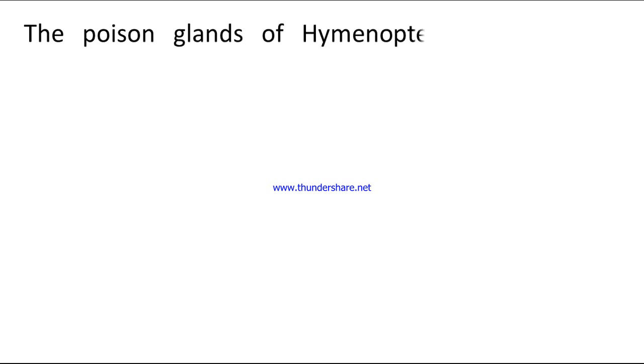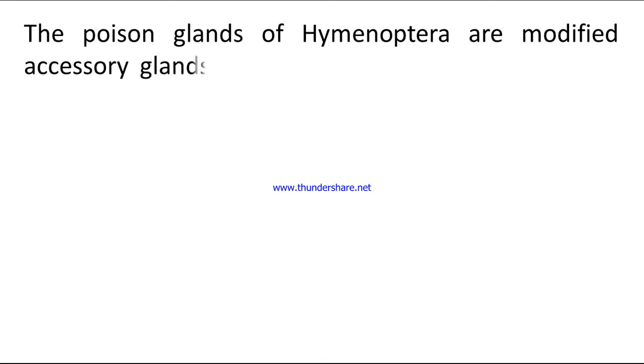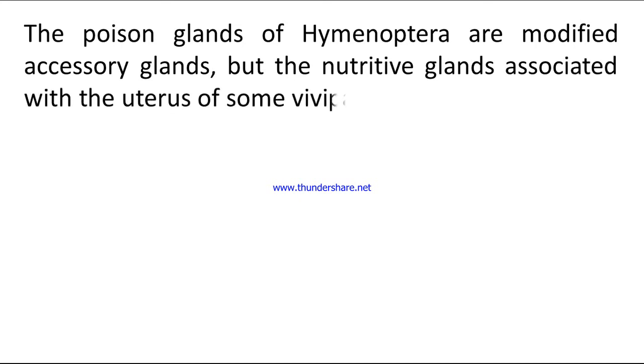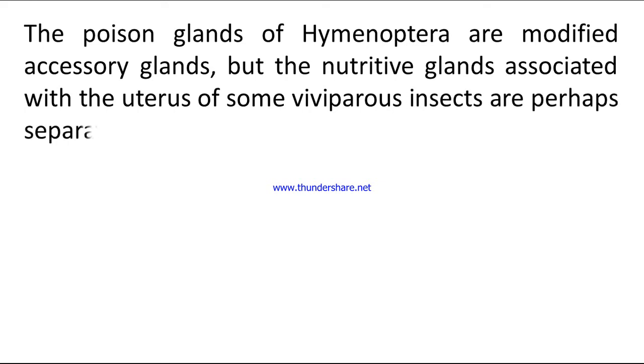The poison glands of Hymenoptera are modified accessory glands, but the nutritive glands associated with the uterus of some viviparous insects are perhaps separately evolved structures.